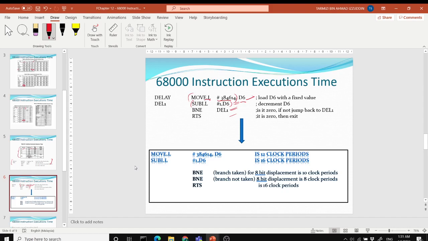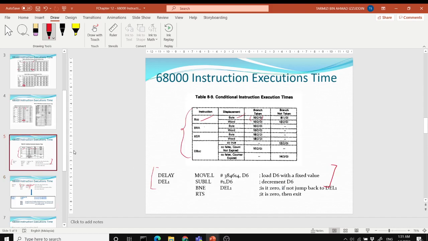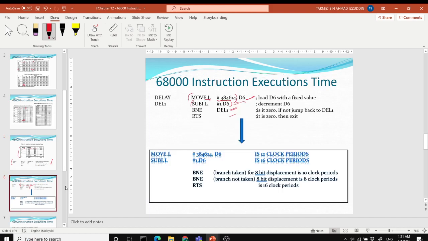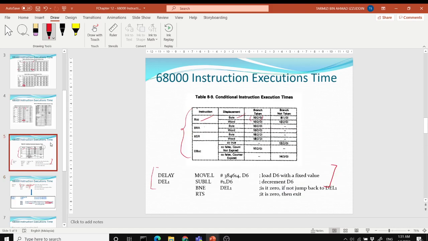If the branch is taken, then it will execute 10 clock periods. If it is not taken, then it will execute 8 clock periods. So if it's taken, 10 clock periods, not taken, 8 clock periods.